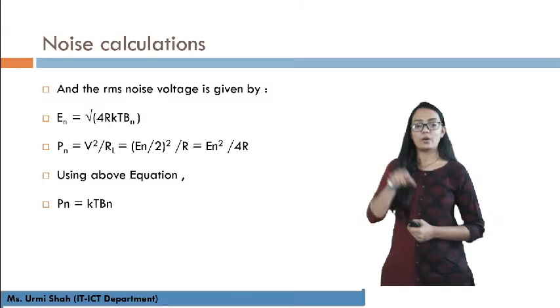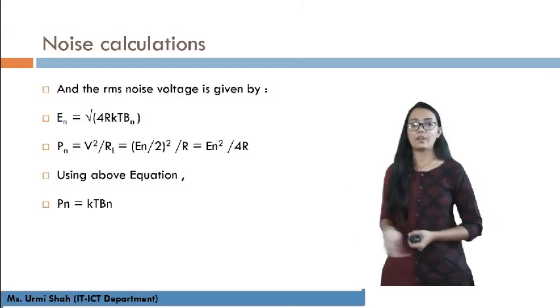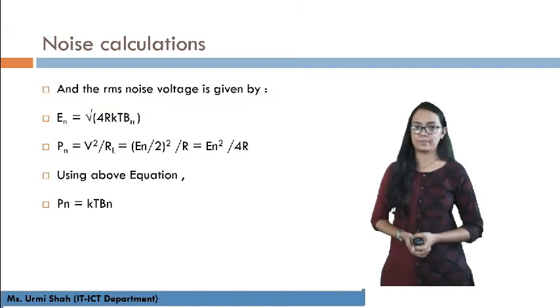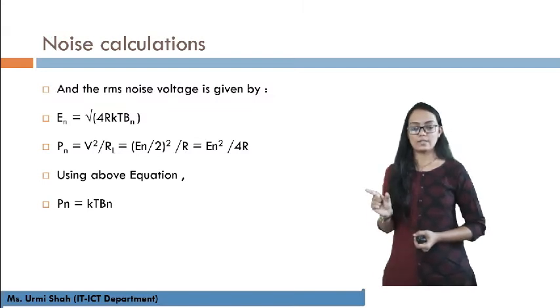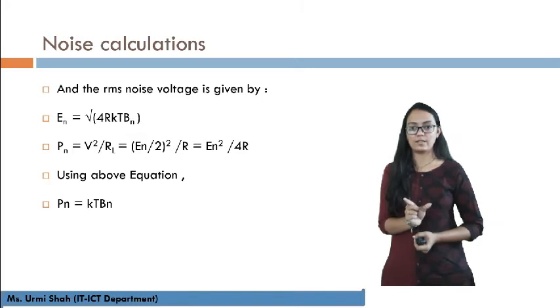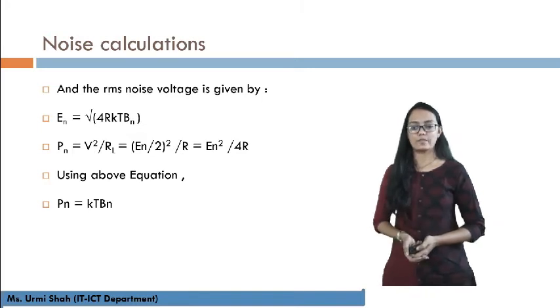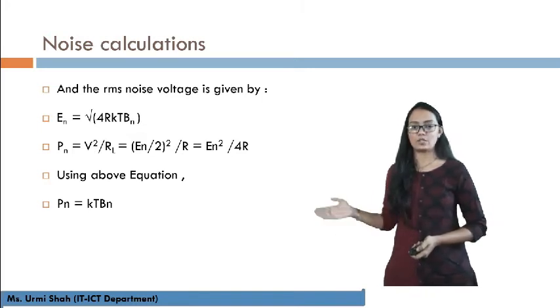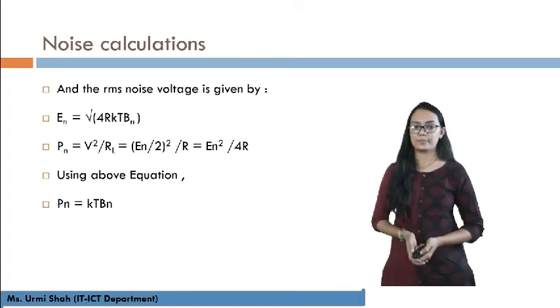After the whole formulation, the formula of noise power is equal to kTBn. K is your Boltzmann constant, T is your temperature, and Bn is your noise bandwidth. So this is the formulation for noise power.